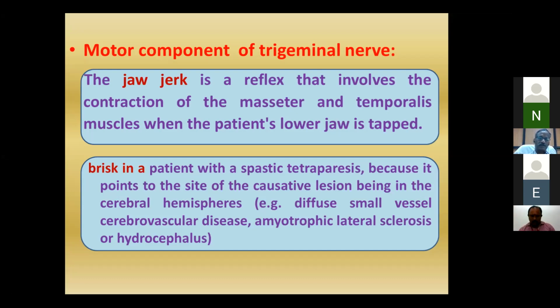It will be increased in spastic tetraparesis. Tetraparesis means all four limbs are affected by paralysis. In that condition, the jaw jerk may be increased.